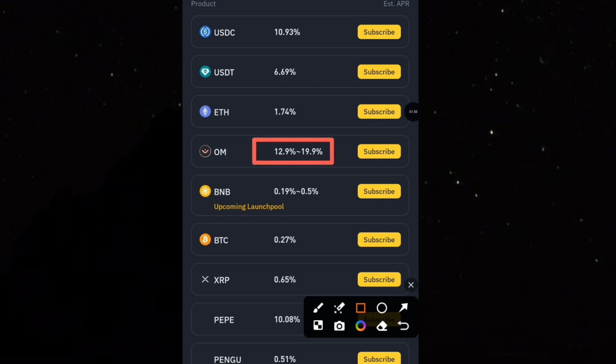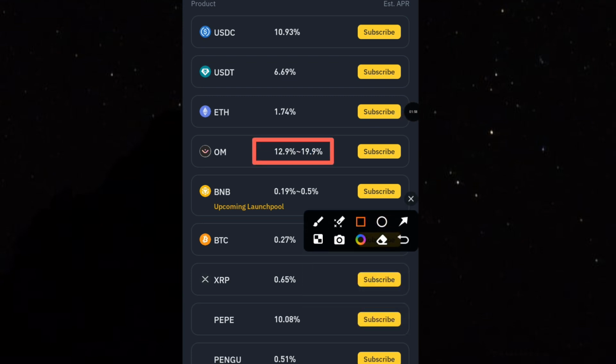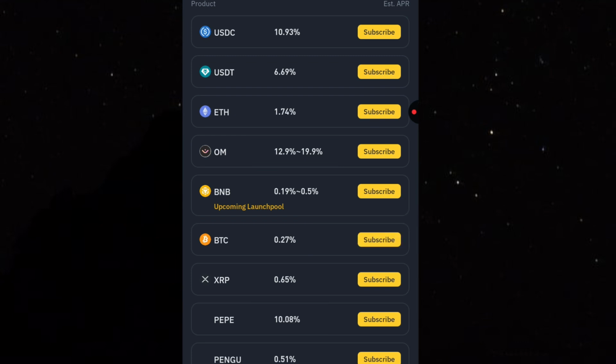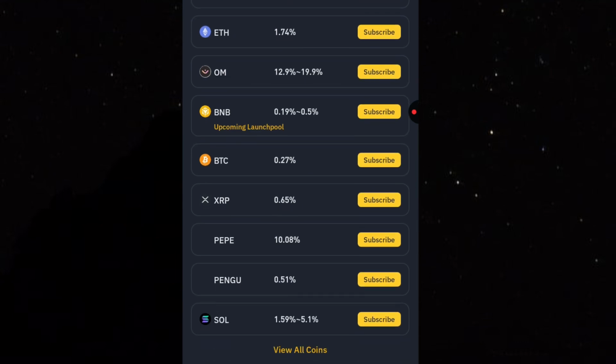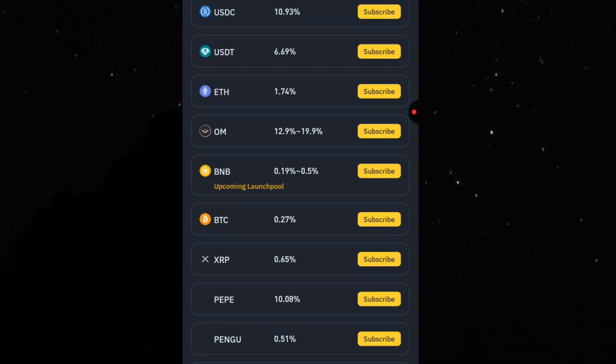Choosing any crypto or product with high APRs simply means that they are more likely to get you better rewards. But you have to always make sure that you know what you're doing. If you choose cryptos with high APRs, you get rewarded higher amounts when you lock those cryptos.